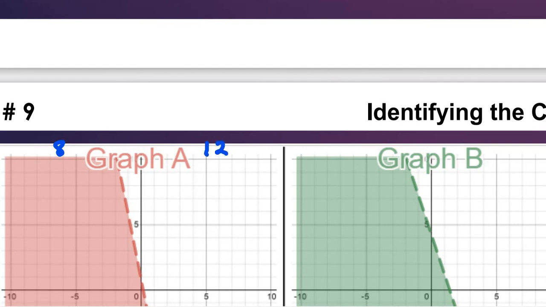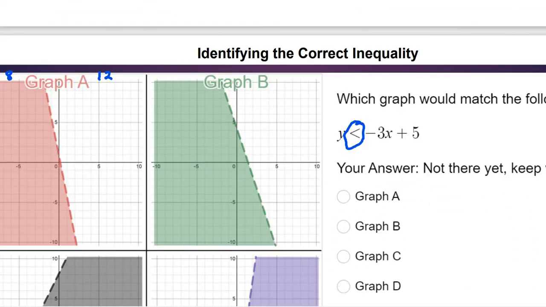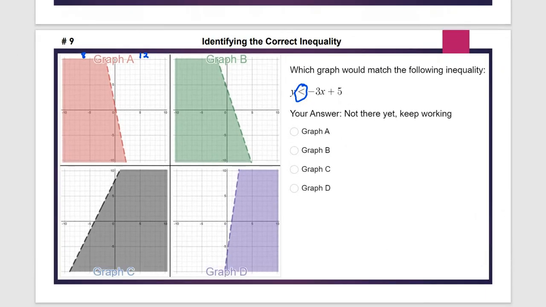So now, this has to be less than, it has to be shaded below the line. So this is shaded below the line, this is shaded below the line, this is shaded below the line, so is this one. So now, since they're all shaded below the line, we have to look at this right here.